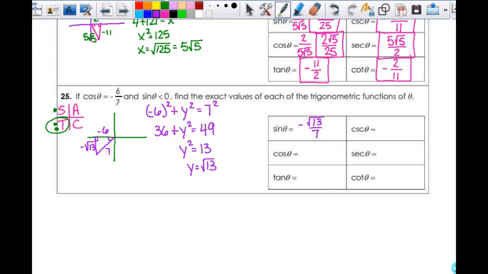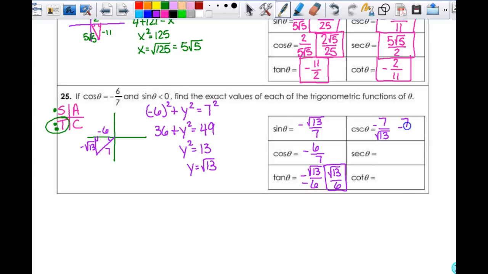Cosine is adjacent over hypotenuse. Of course, we already had that anyway, negative 6 over 7. Tangent is opposite over adjacent, so negative square root of 13 over negative 6, which is the square root of 13 over 6. All right, so then cosecant is a reciprocal of sine, so this would be negative 7 over the square root of 13.